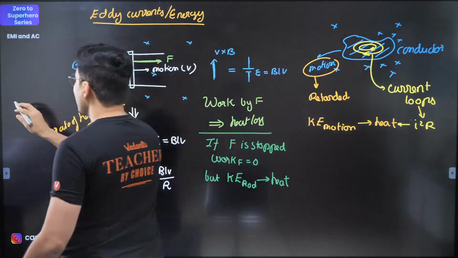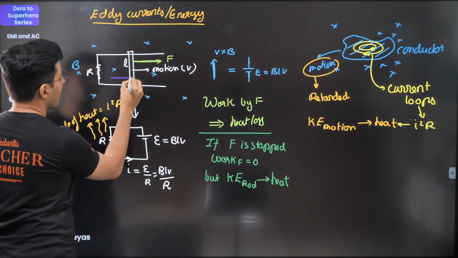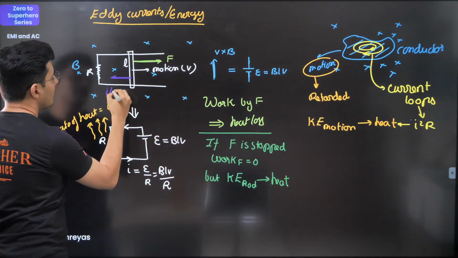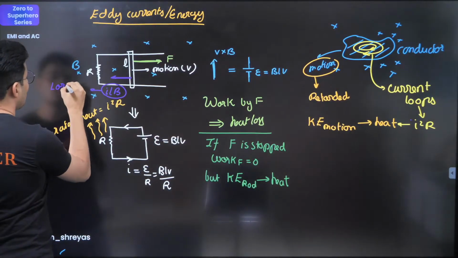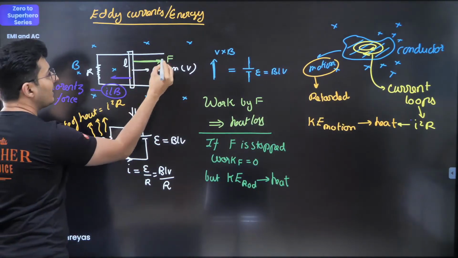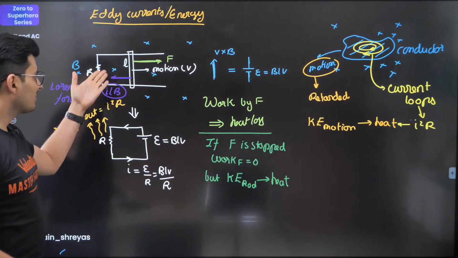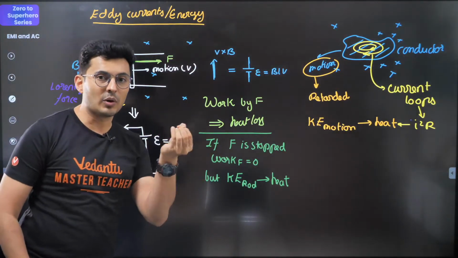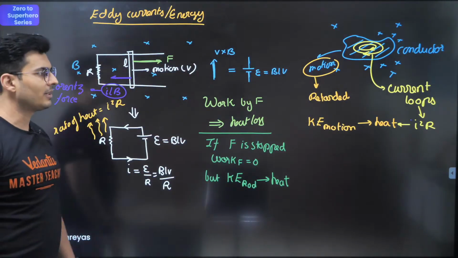So there will be one ILB force on each side. This is your Lorentz force, which should be balanced by this force so that it moves with constant velocity. So there could be questions where ILB concept is coupled with EMI or motional EMF. So that's why I've written it.